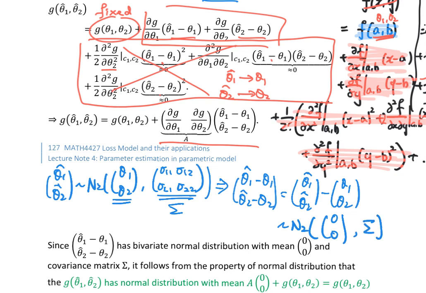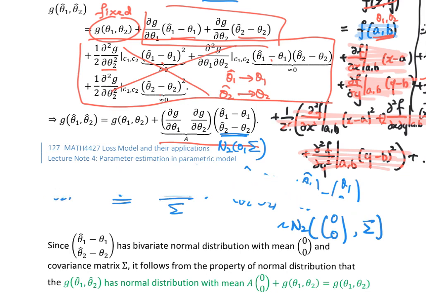So this guy will follow the multivariate normal. Is that okay?